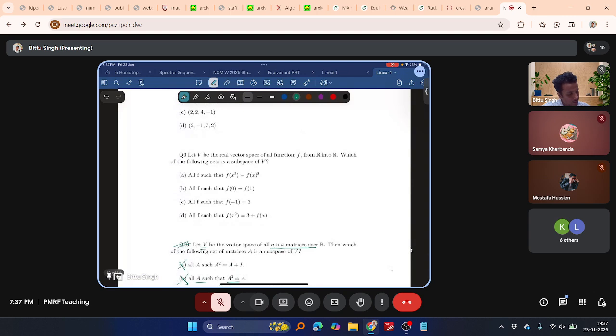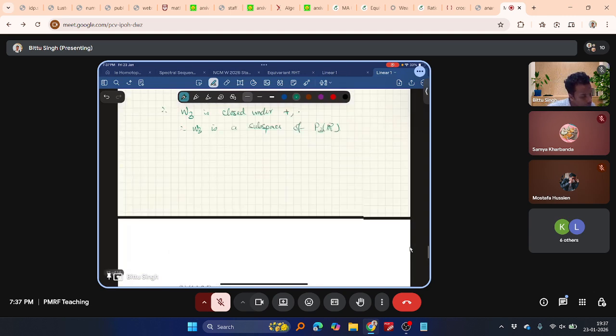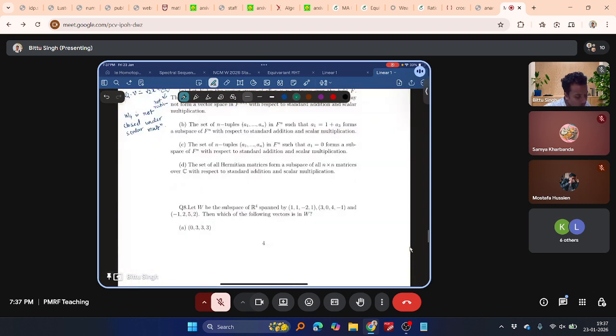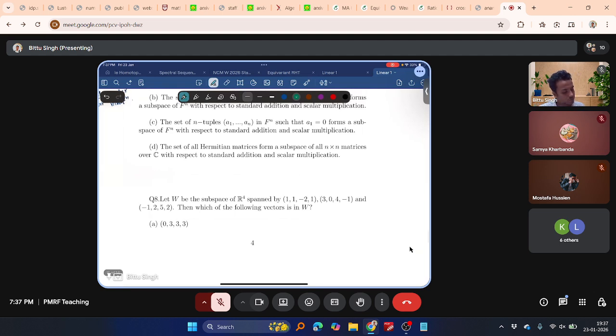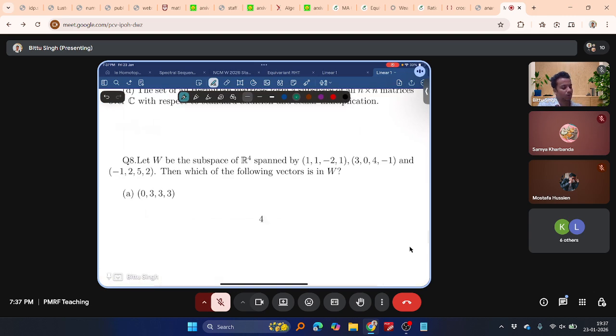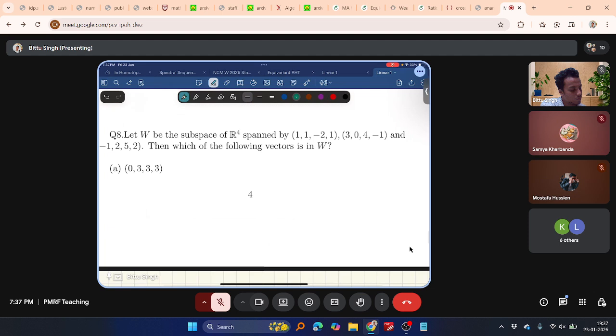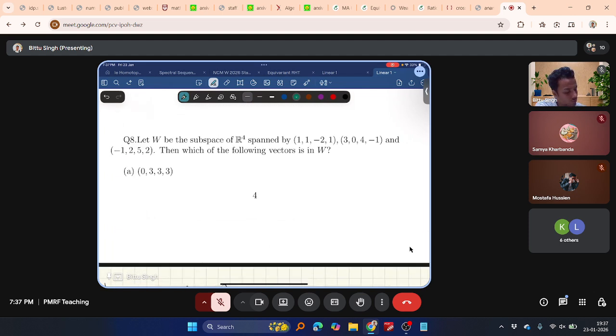Similarly, you can check the previous question, and there is another kind of question we should see. So let me consider this question. W is spanned by this kind of vectors. There are three vectors. So what is the meaning of spanned by some vectors?